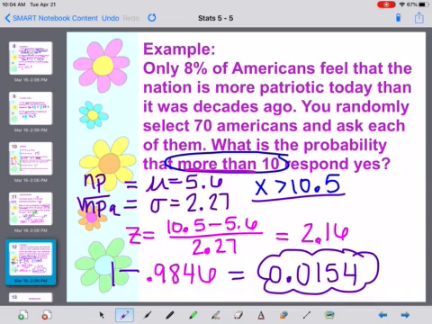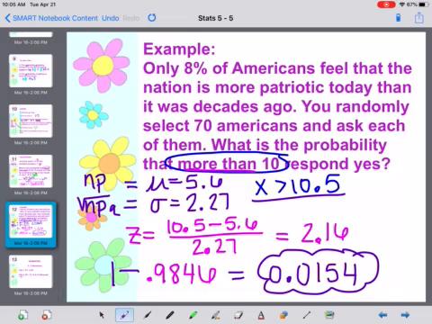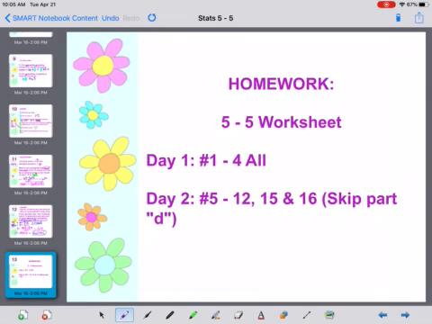Then you had to find your z-score with your x minus your mu divided by your baby sigma. Every time you find your z-score, you find it on your chart, but then it was to the right, so we had to take 1 and subtract the number from our chart. That's a lot going on, but hopefully it's all coming together, and that's the last thing you have to do, so power through. We're almost there.